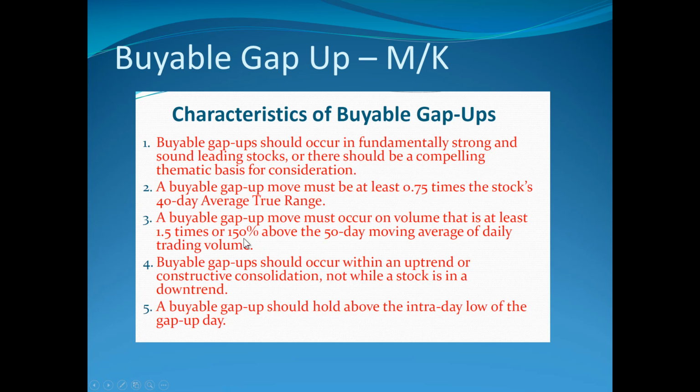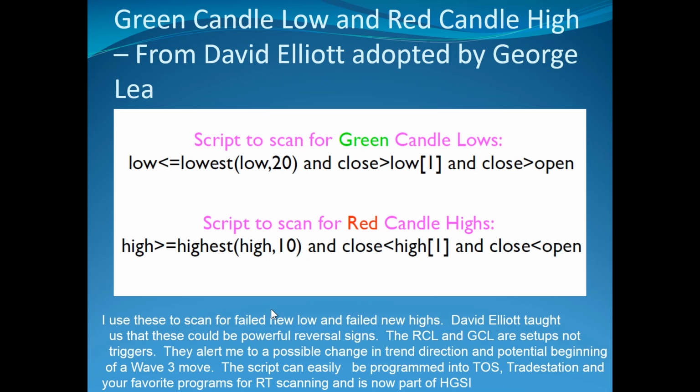Must have 150% of the 50-day moving average of volume, and they should occur within an uptrend or constructive consolidation, not in a downtrend. They have a number of sell rules, but these have produced some very big winners for me ever since I read their books.